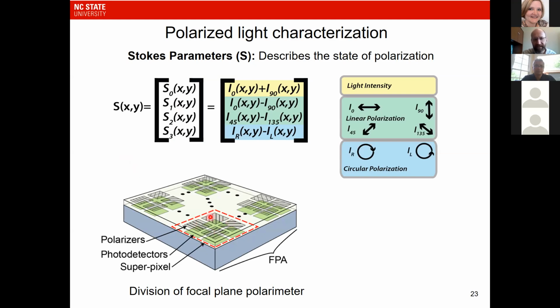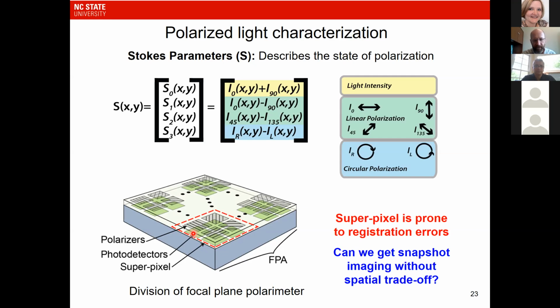So you have polarizers oriented in different directions. Light comes in, and if it had different polarizations, it would transmit through to a different extent depending on the polarization orientation to the detector. From that, you could reconstruct the polarization state of that incoming light.